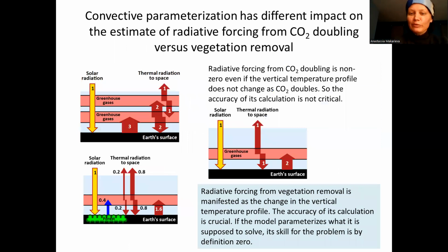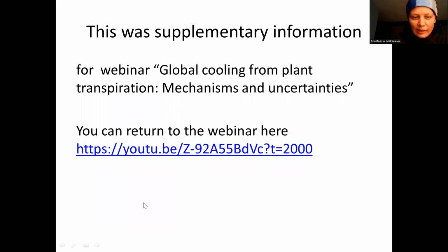But radiative forcing from vegetation is a different problem, as I said, which is manifested precisely as a change in the vertical temperature profile. Because take a look here. We have a situation here, and we can have a situation here. Greenhouse gases, in the first approximation, are distributed by gravity. So this upper radiative layer is located at the same altitude here and here.